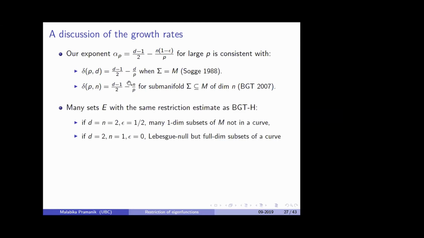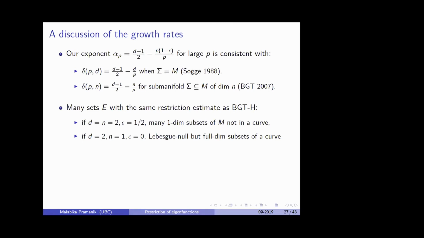In addition to obtaining new restriction estimates for sets of fractional dimension, our method gives an abundance of new sets of integer dimension that obey the Burq, Gerard, Tzvetkov, and Hu estimates. For example, there are many Cantor-like sets of Hausdorff dimension 1, which are not necessarily the subset of a curve, that obey these bounds.